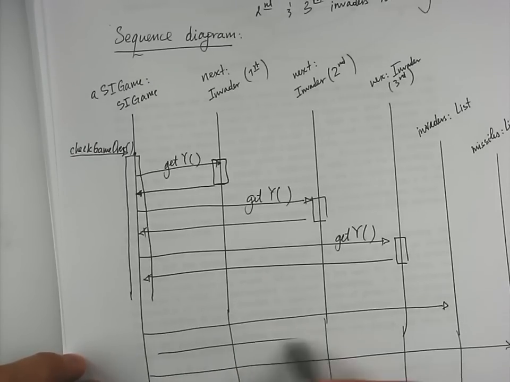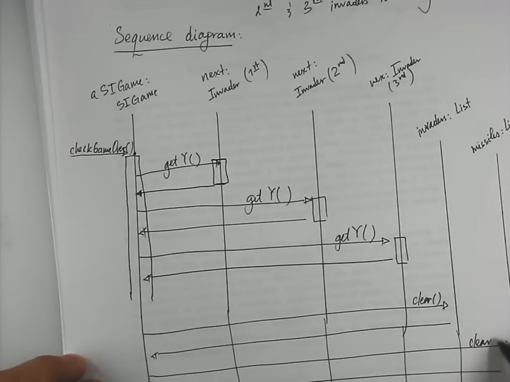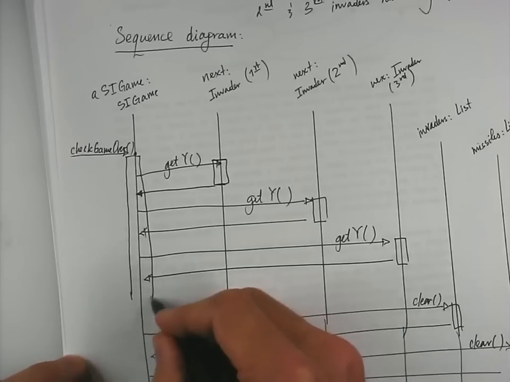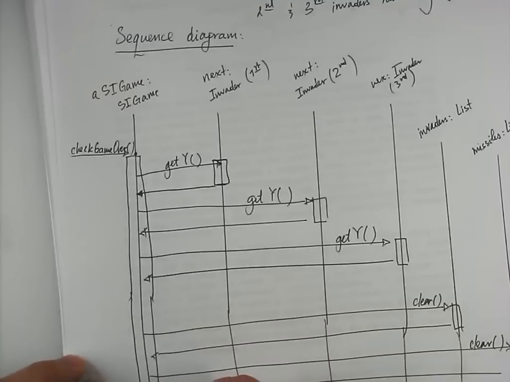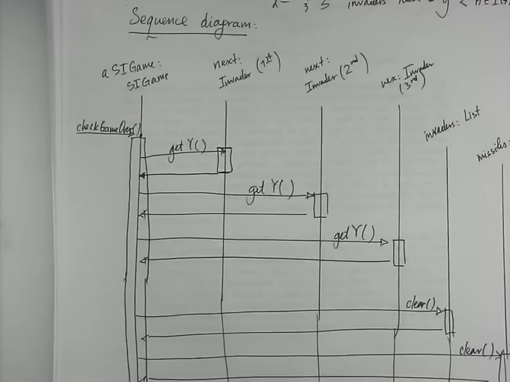I'm going to come back for each one. And I'm calling clear on both of them. Clear and clear. So then my method ends, and I come back. I return to whoever called me.